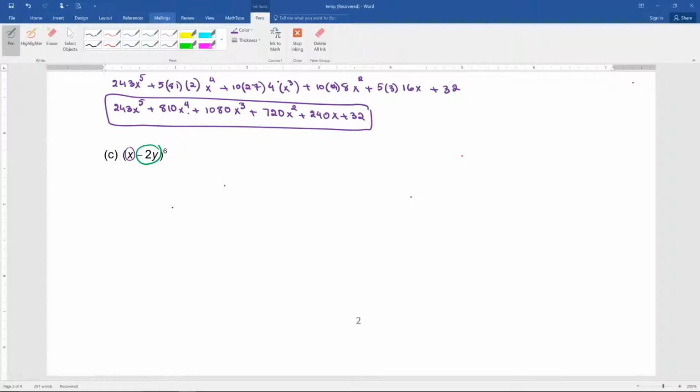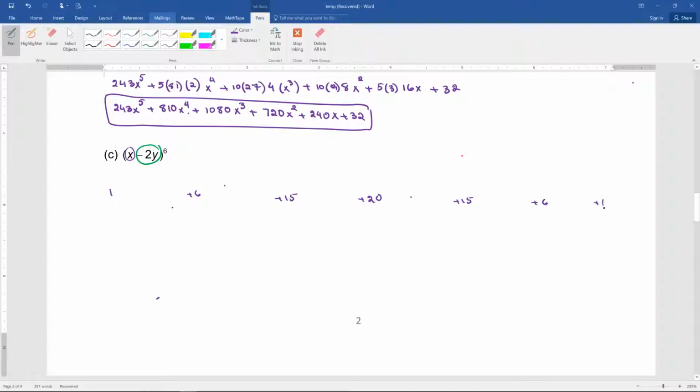So what are our coefficients going to be? It's going to be 1, 6, right? So 1, 6, 15, 20, and then 15, 6, and then 1.